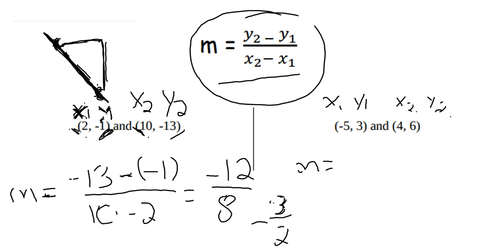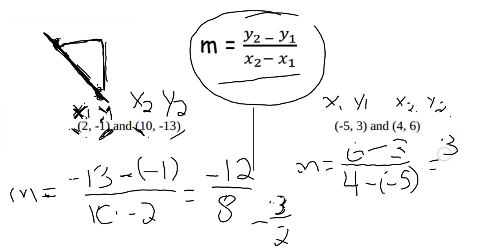I've got m equals y2, which is 6, minus y1, which is 3, divided by x2, which is 4, minus x1, which is negative 5. 6 minus 3 gives me a 3. 4 minus negative 5 gives me a 9. If I reduce that, I've got 1 over 3.